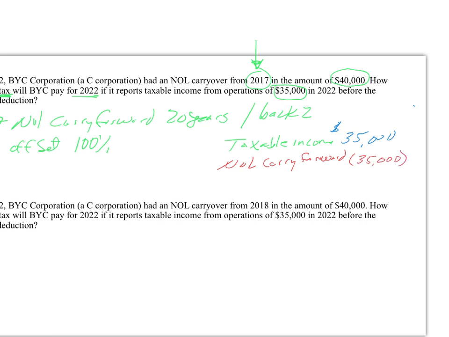Okay. We had a $40,000 NOL. We can offset 100% of that. All right. So our new taxable income is 0.